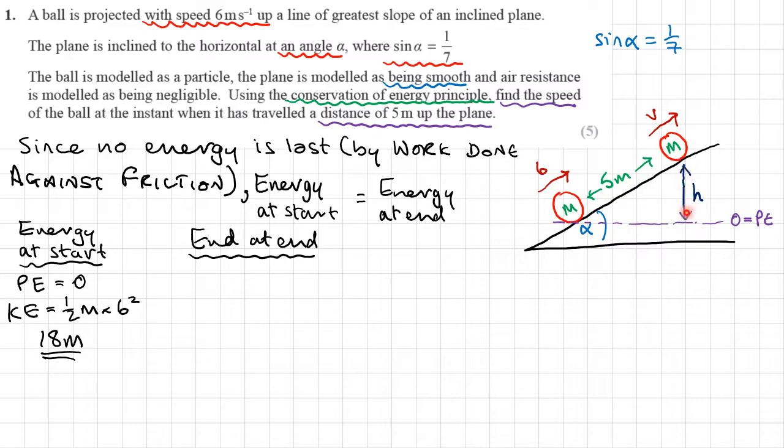So the height at which it's moved up is equal to 5 sine alpha. So if we want to work out the potential energy, it's going to be mg times by the height. Vertical height is moved up, so that's going to be times 5 sine alpha. So this is where, when we go on to the next point, we would replace that sine alpha with 1/7. So you see, we don't need to know what the angle is.